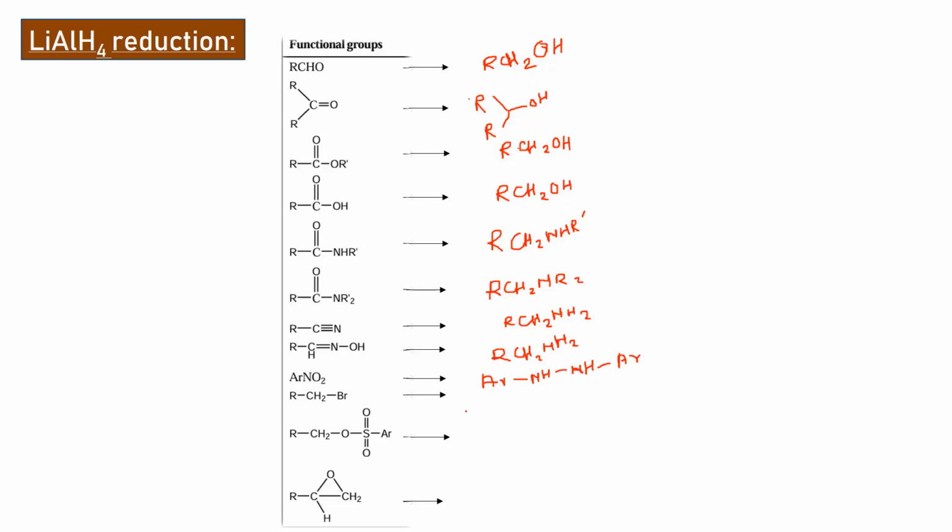If we add LiAlH4 to an alkyl bromide, it will simply substitute the bromide from the system. In tosyl also it will just substitute the tosyl group.